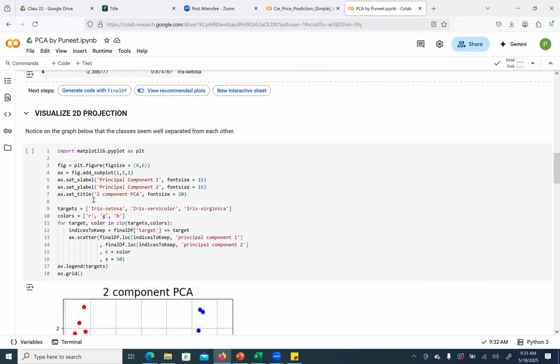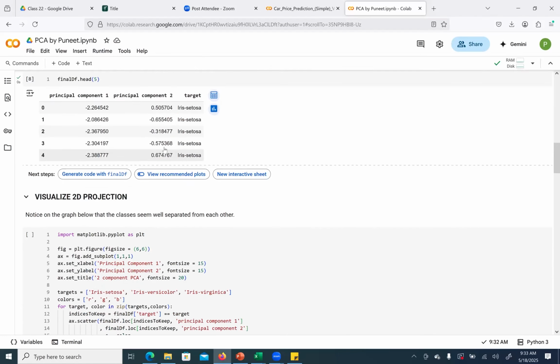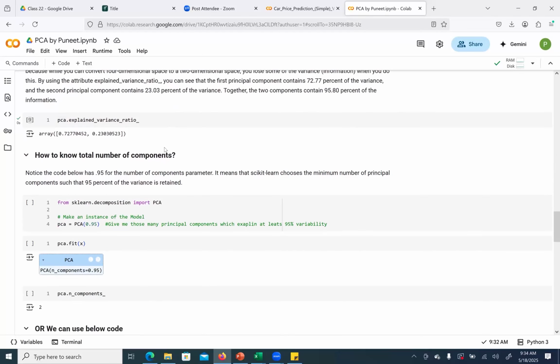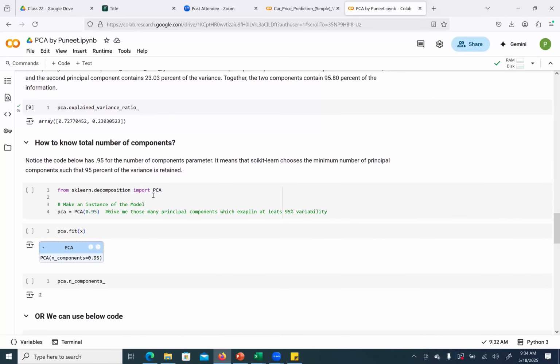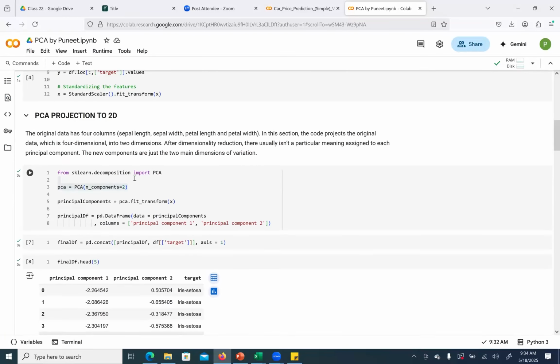Here I had hard coded and said that I want only 2 principal components. But actually, ideally, we should do it using a scree plot. One way of doing principal component analysis was where I mentioned that I need 2 principal components.